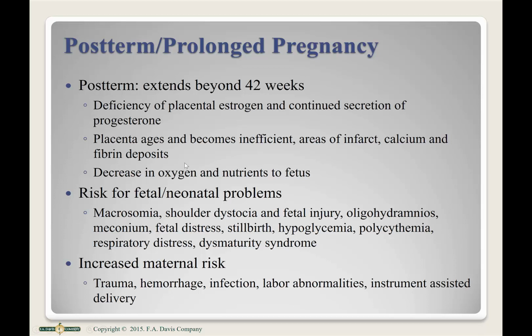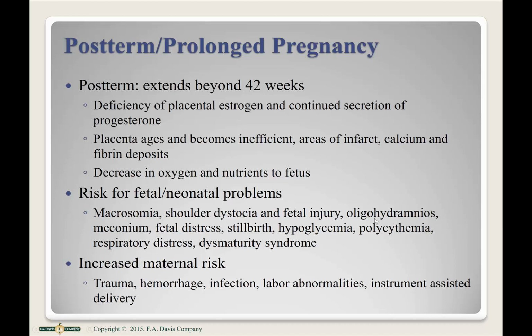But because of this aging placenta problem, we see a lot of dysmaturity syndrome or wasting syndrome of our babies, where they look like wrinkly little old men and basically have muscle wasting syndrome. But anyways, with the big baby, we run the risk of shoulder dystocia. We run the risk of injury to the baby being delivered.